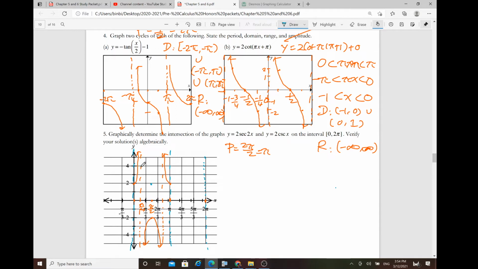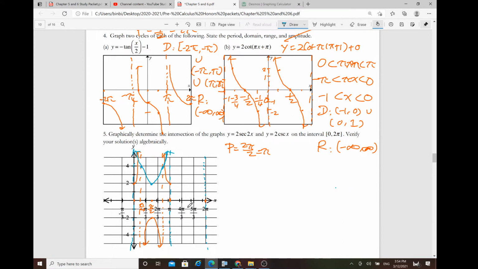So gotta be careful, it's a vertical stretch. So 2 units up. 2 units. Okay, so it's going to be going through this way. Supposed to be a U shape, okay.